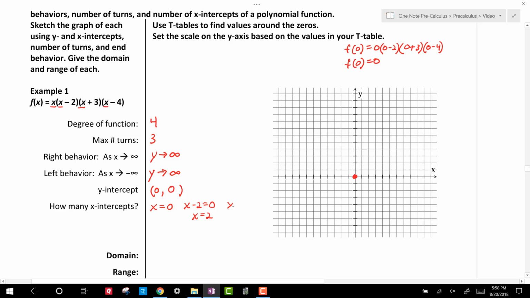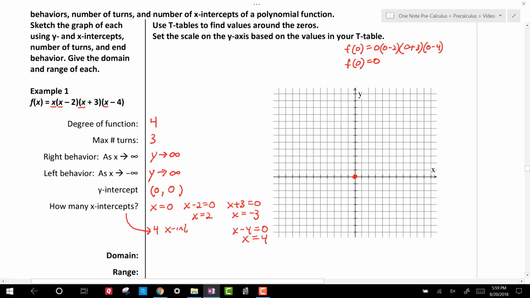My third one, x plus 3, equal to 0. Solve that, you get x equals negative 3. My last one, x minus 4, equal to 0. You solve it, you get x equals 4. So this problem has a total of 4 x-intercepts.